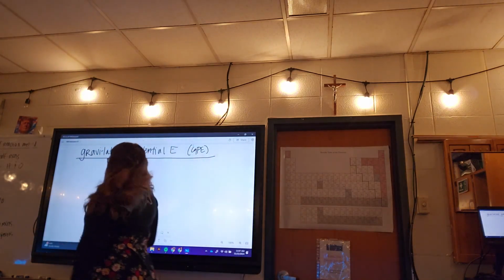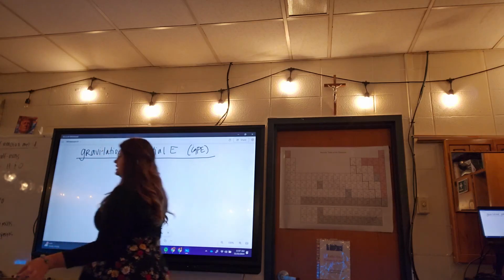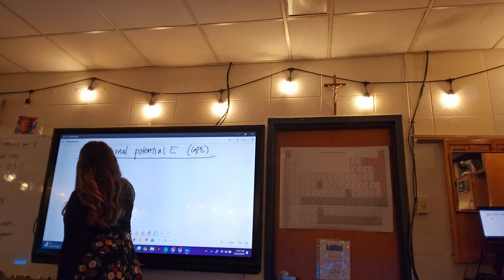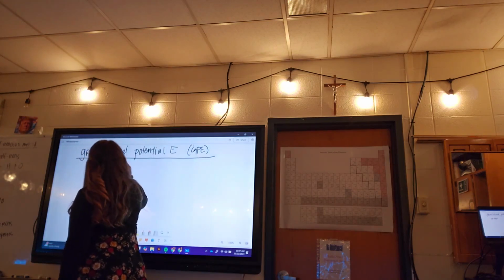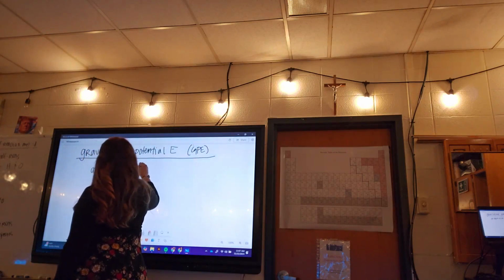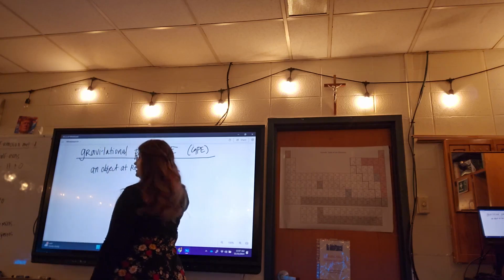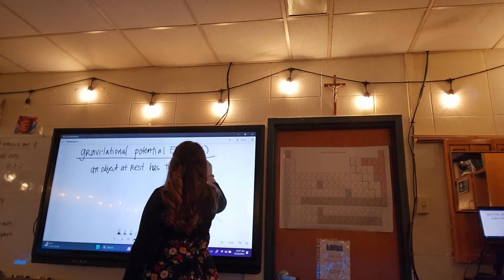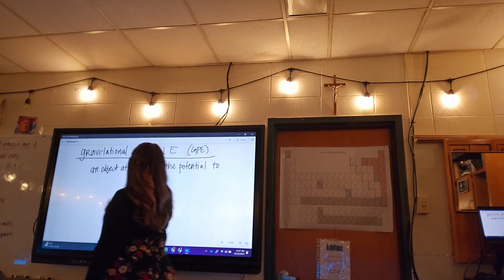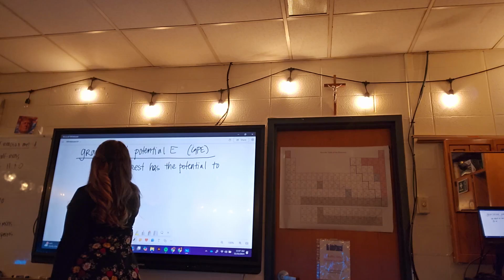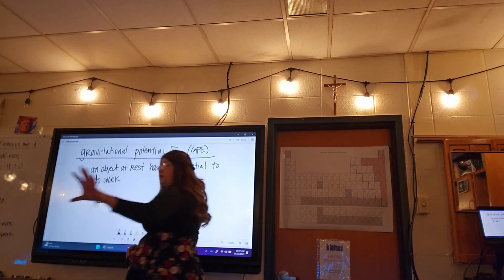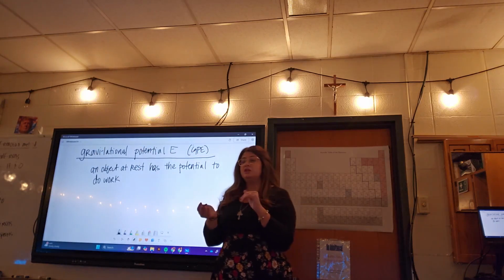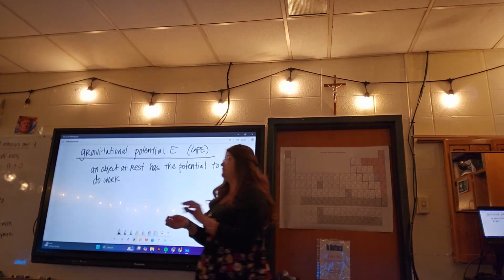It's the energy, in physics we say it's the energy of position. And so an object at rest has the potential or the opportunity to do work. If it's just at rest and nothing else is interacting with it, it has that opportunity to do work because of gravity.